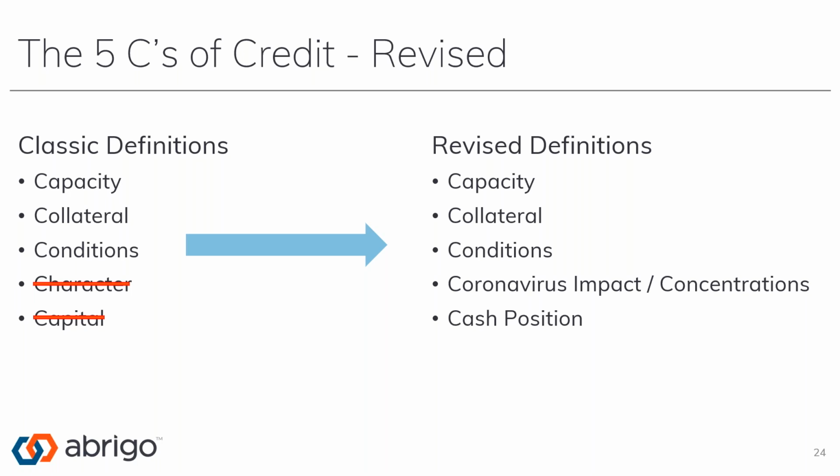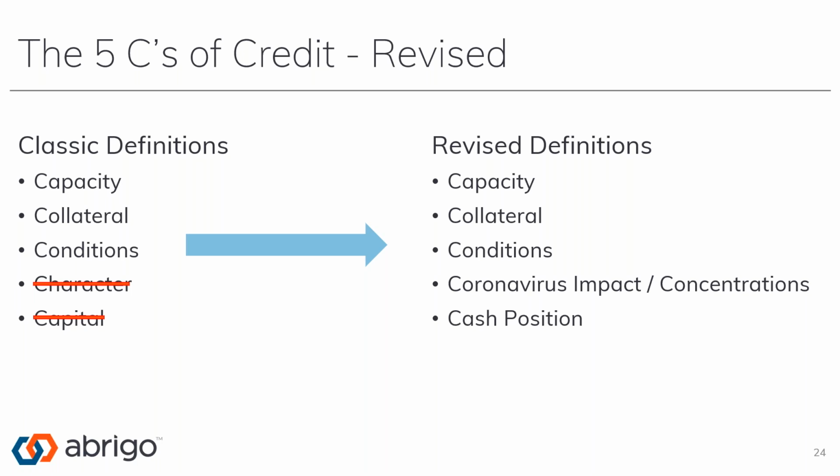So you can kind of see that in my revised 5 C's of credit, I've scratched out character and capital and replaced them with coronavirus, COVID impact, and the concentrations from the industry perspective, as well as cash position, which in the classic definitions they threw in with capacity, but I think it's so important today as we're looking into the pandemic recovery that we understand the cash position of anybody that you're lending funds to going forward.